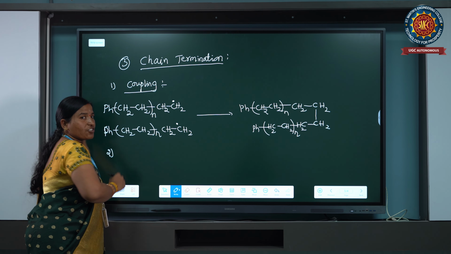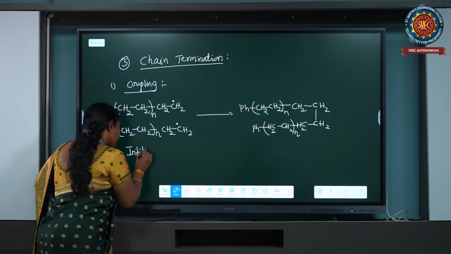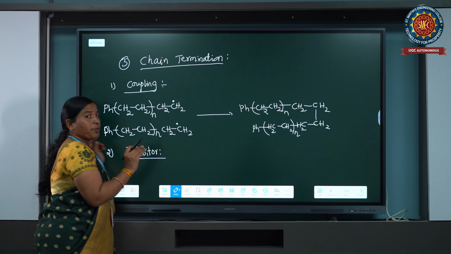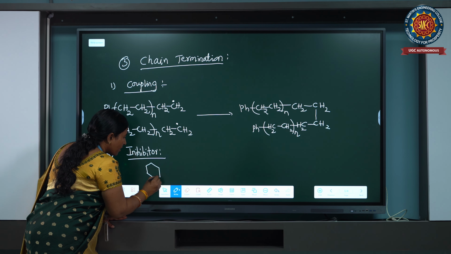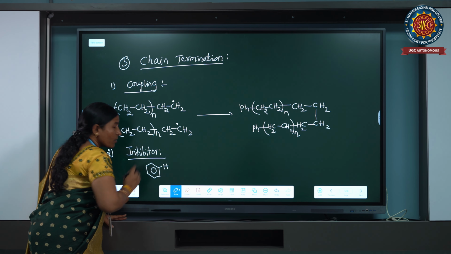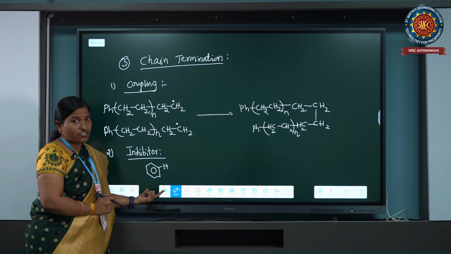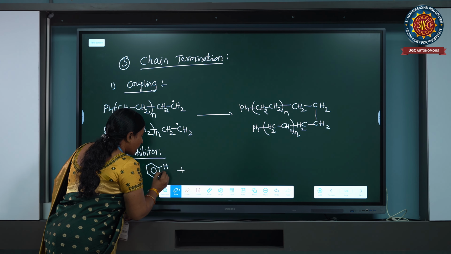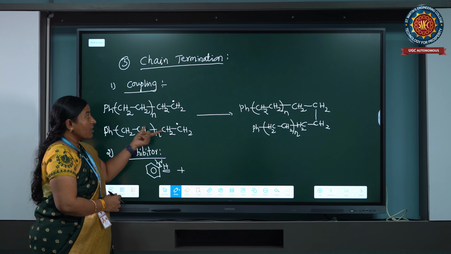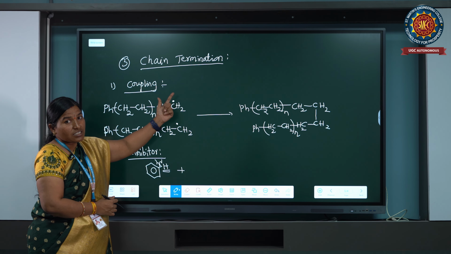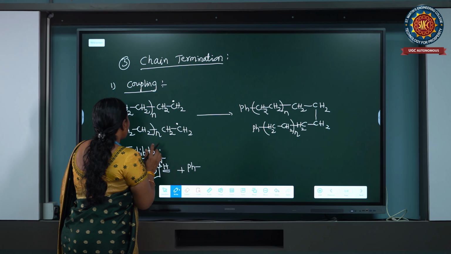Another one is the initiator inhibitors. These are compounds that can donate hydrogen. Think about here I took benzene. Now this benzene is going to give the hydrogen radical to the product which we got in the chain propagation, and you will get the end of the polymer.